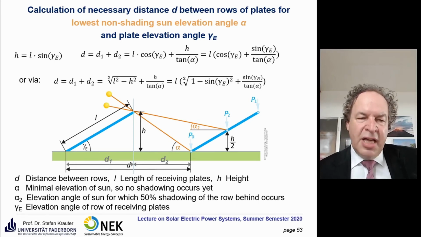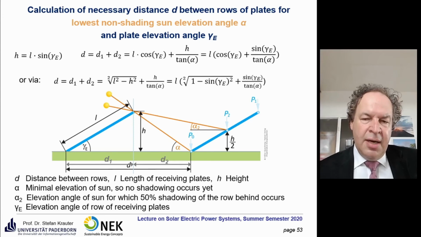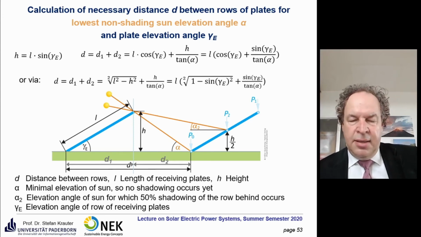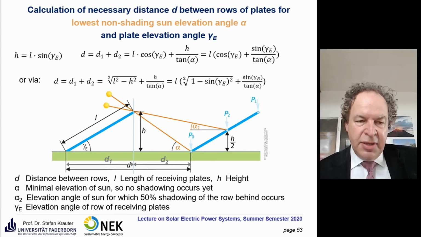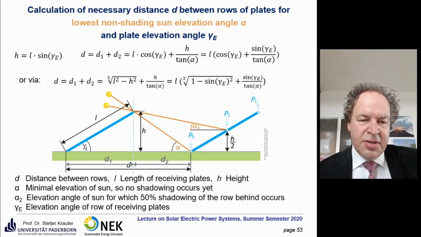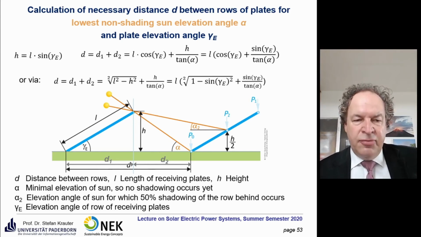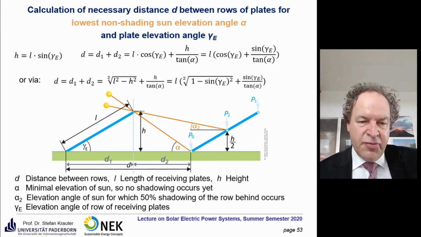Or we can do it the other way around via the Pythagorean theorem. So we have D1 squared equal to L squared minus H squared. Or D1 is the square root of L squared minus H squared.